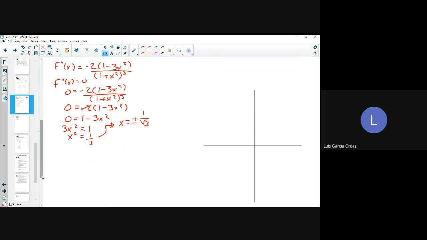So now I need to do my sign chart over here. So f double prime of x. I have it at negative 1 over root 3. And I have it at positive 1 over root 3.